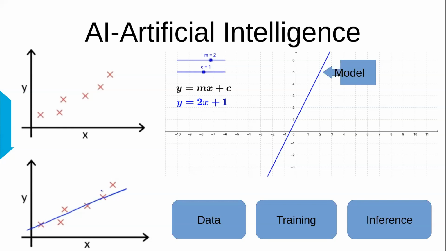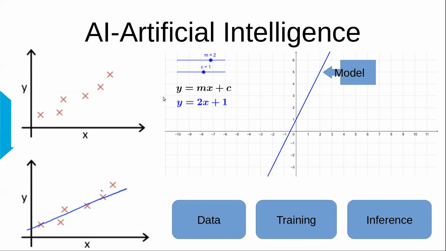Inferencing means executing the model, which is produced during the training phase, to get the output from the desired input. In this picture, y equals mx plus c is the generalized relationship that is learned during the training phase, when it was trained with all the data entries that were present earlier with us.